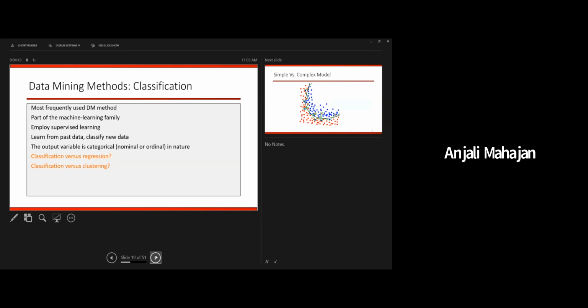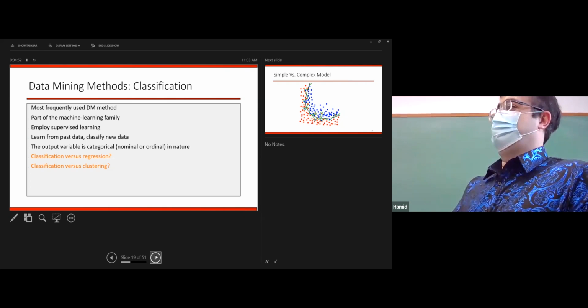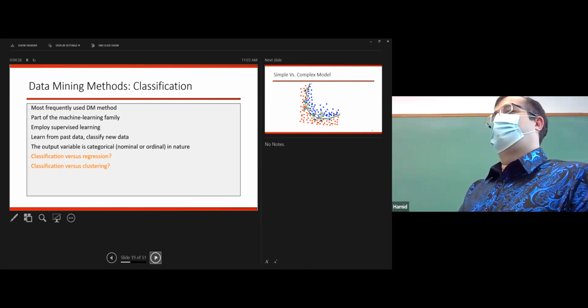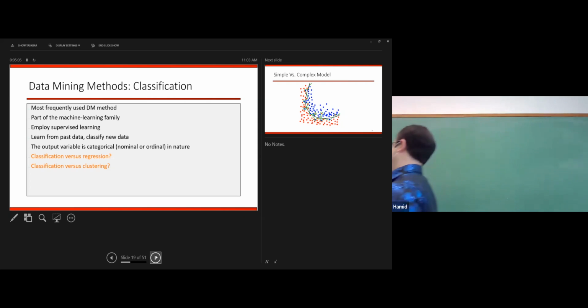Okay, let's talk about regression versus clustering. So what is the goal of regression? What do you do in regression? I think this is the easiest regression formula that you might have.